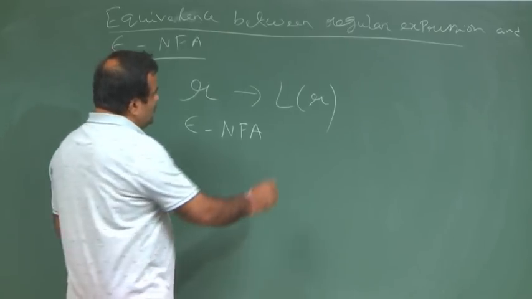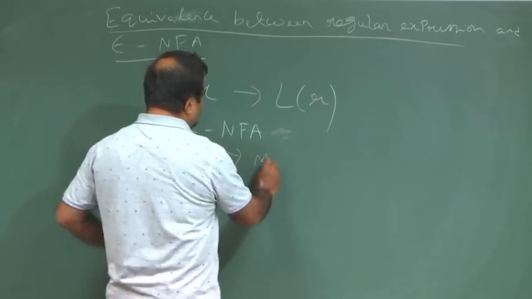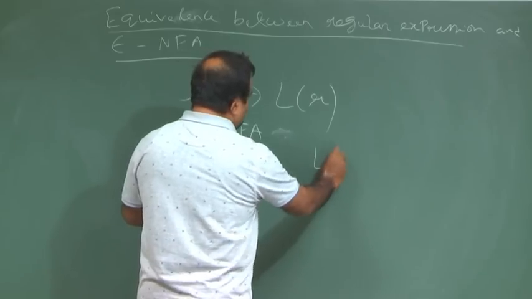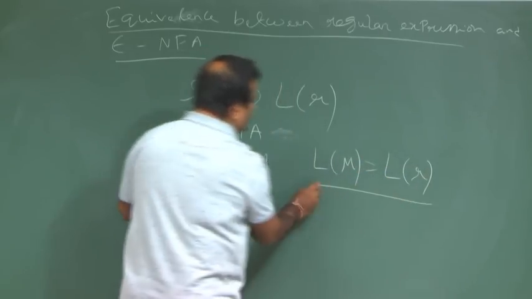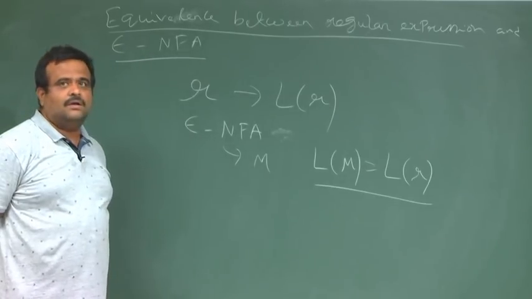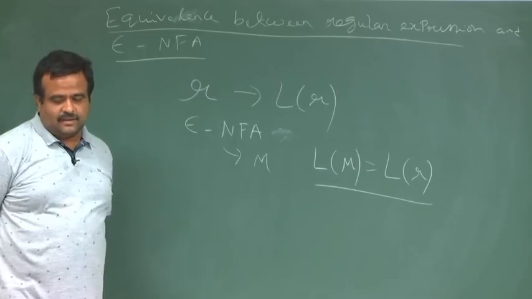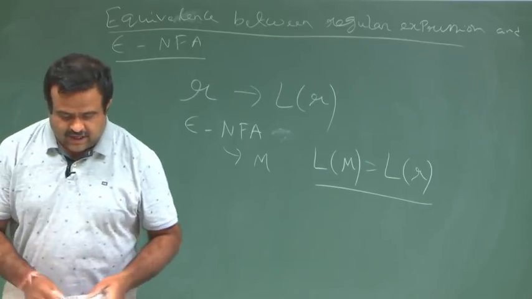So, there is an epsilon NFA M such that the language of that epsilon NFA is the same as L of R. This we have to prove by a theorem. So, let us write that theorem.